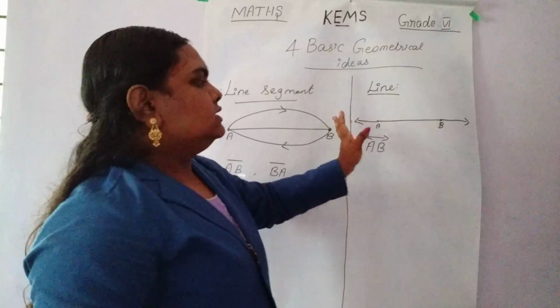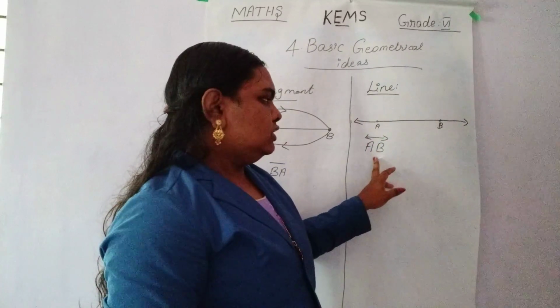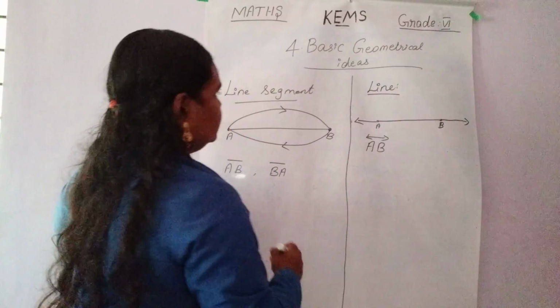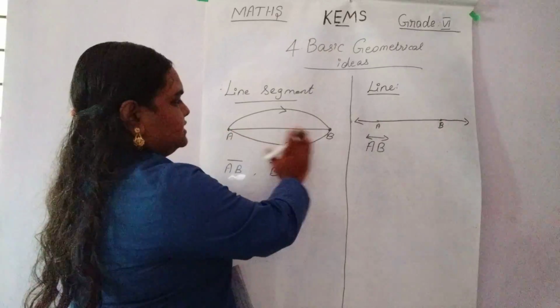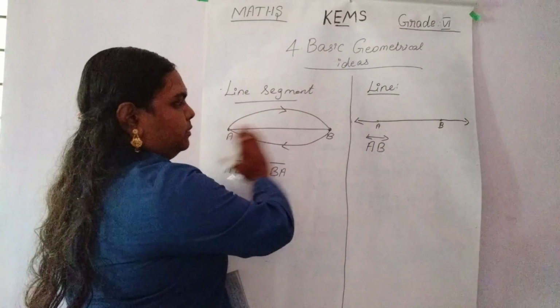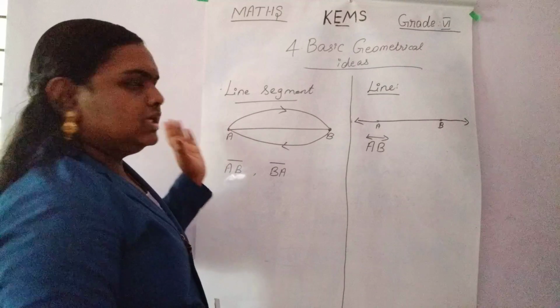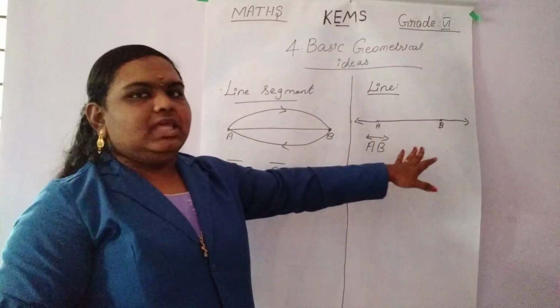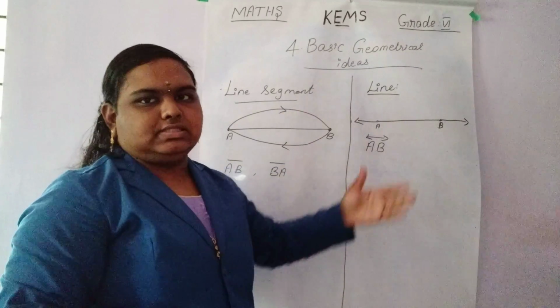I am just taking the 2 points as A and B, so it is denoted as the line AB. This is the difference between these two. The first one is the line segment, which stops on both sides. It cannot be extended. In a line, we can extend.